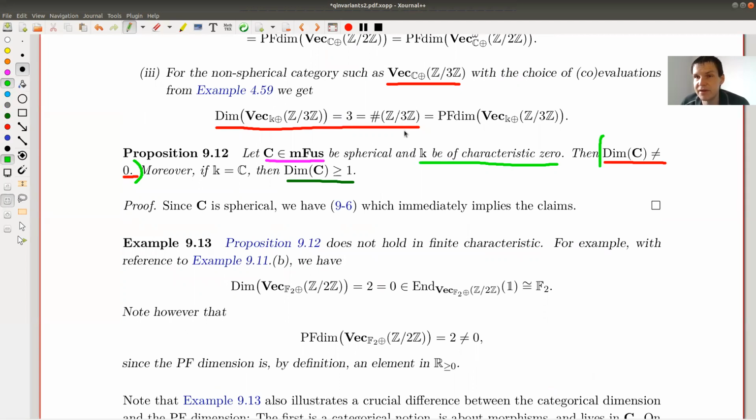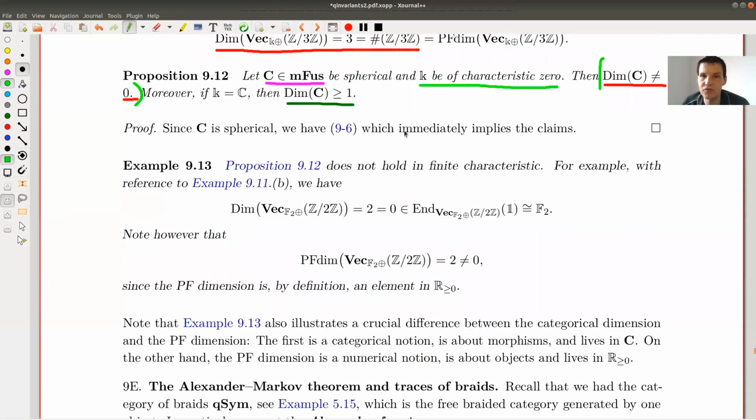But otherwise, it's a really nice statement. Dimensions don't vanish in the semi-simple case. This is a really important instance of semi-simplicity, which you use a lot in practice, and it's just not true in the non-semi-simple case, and it's also not true in finite characteristic.